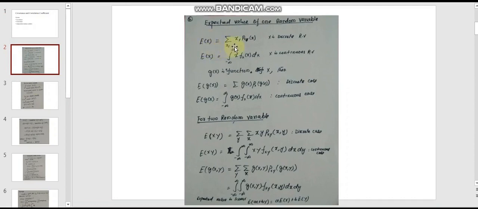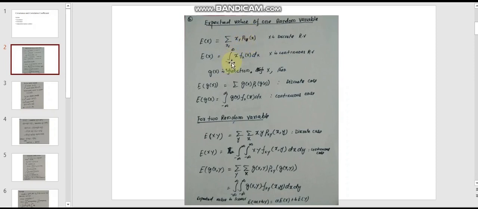For one random variable, we already know that the expected value of a discrete random variable can be described by this formula, where x is the value of random variable x and p is the probability mass function of the random variable.